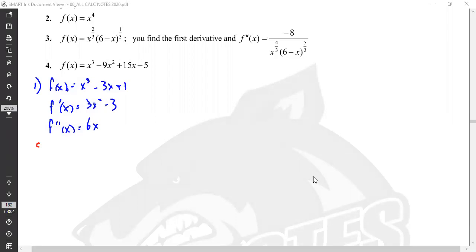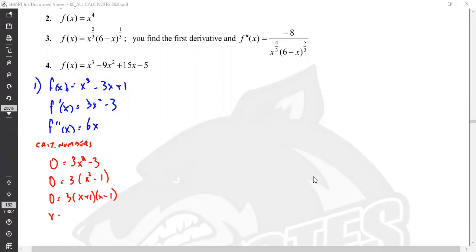Our critical numbers: we let f prime of x equal 0. 3x squared minus 3. 0 equals 3 bracket x squared minus 1. 0 is equal to 3 times x plus 1, x minus 1.